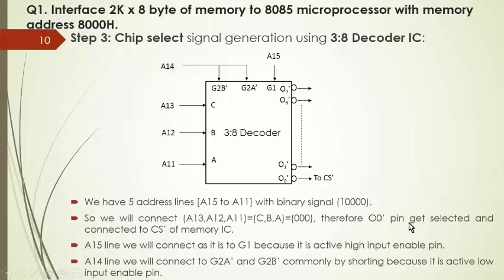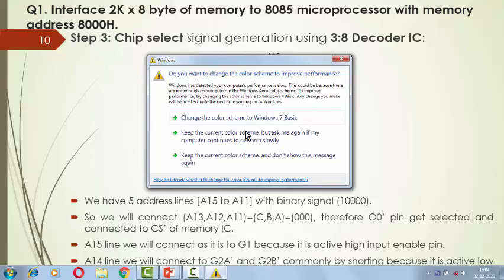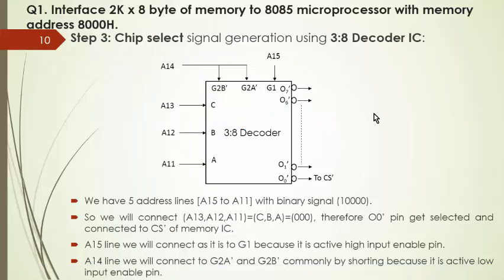So we have 5 address lines A15 to A11 with binary bit pattern 1 0 0 0 0. We will connect A11 to A13 to the ABC inputs. Depending on the bit pattern, the ABC inputs are 0 0 0, therefore the O0 bar pin gets selected and connected to chip select of the memory IC.